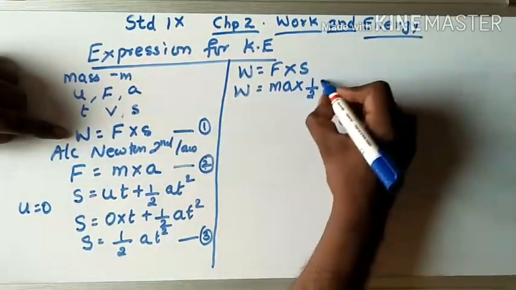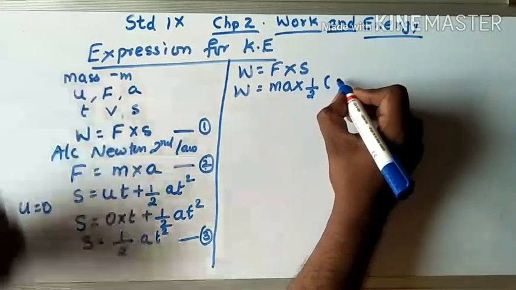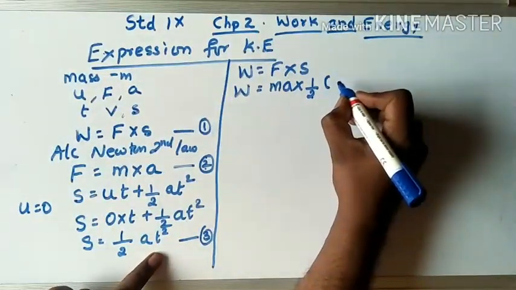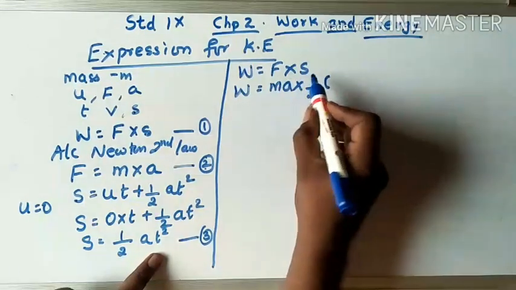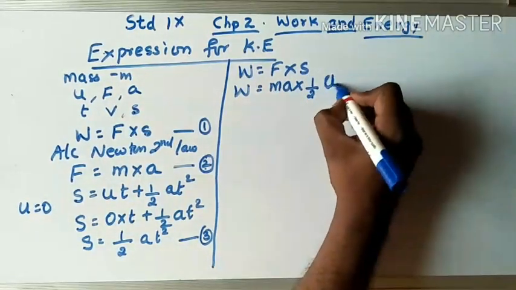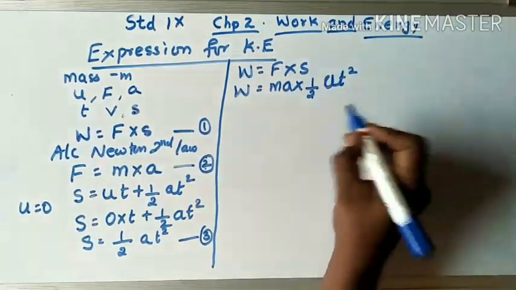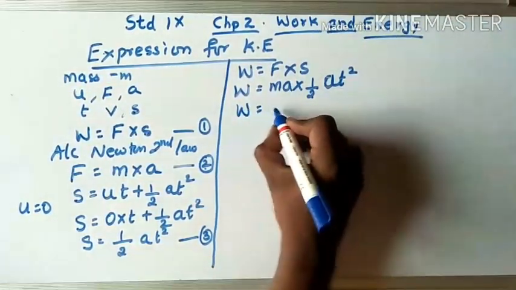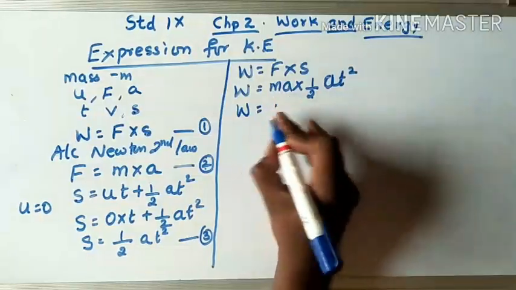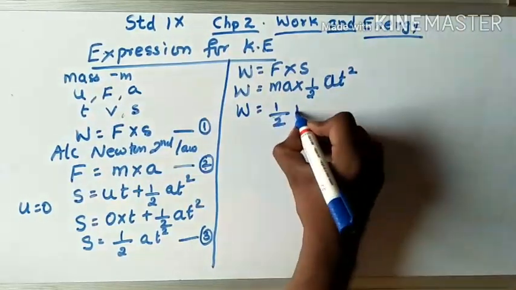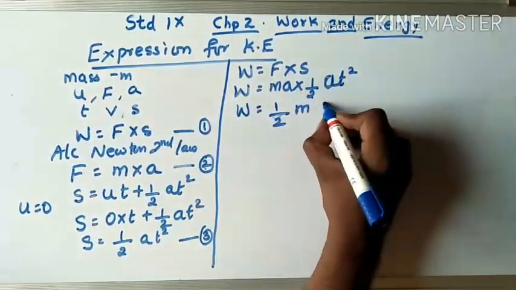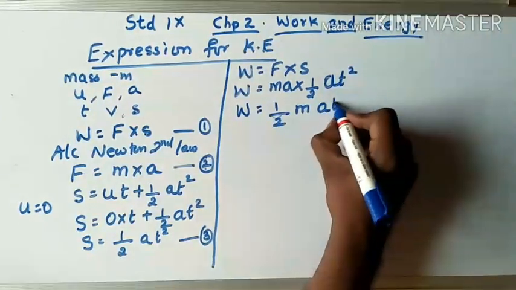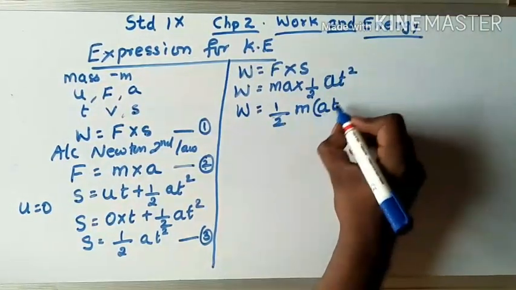So half a t square. Now W is equal to m, first half m, a and t both have a square, so the whole square.